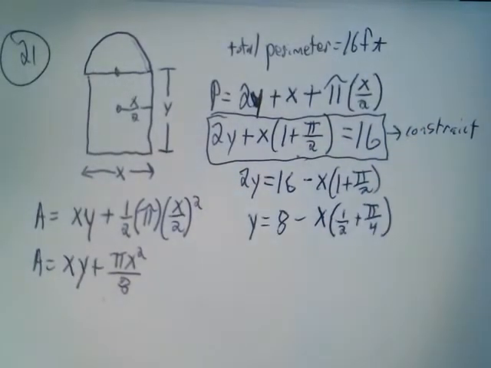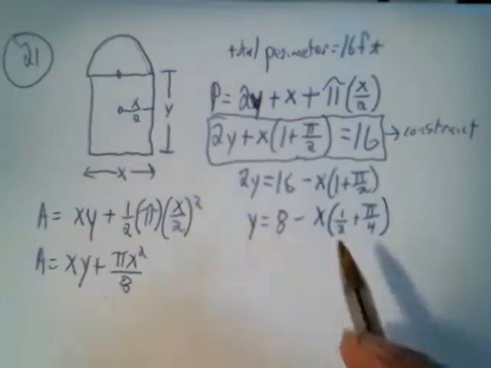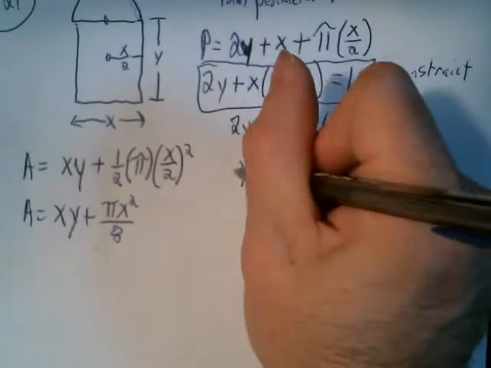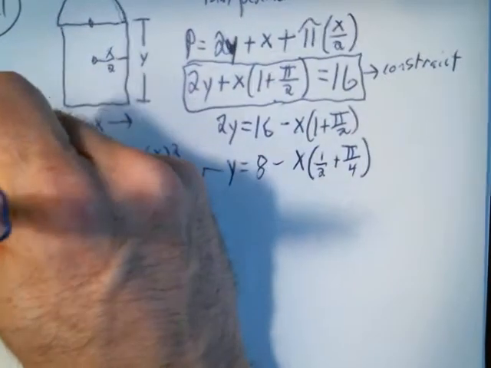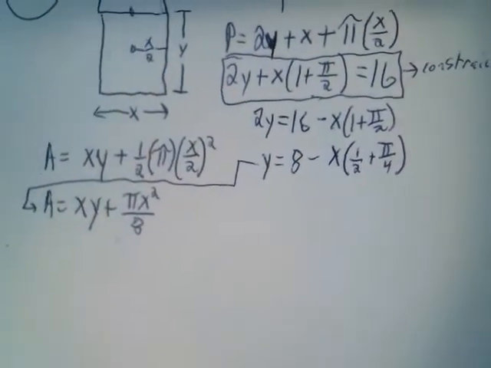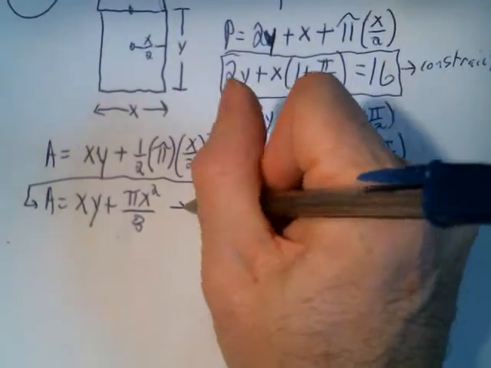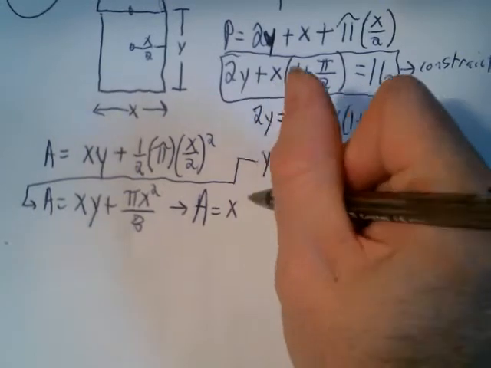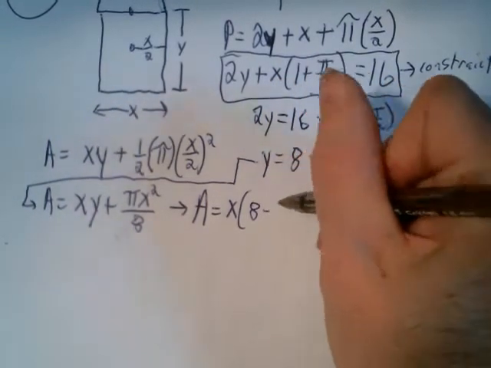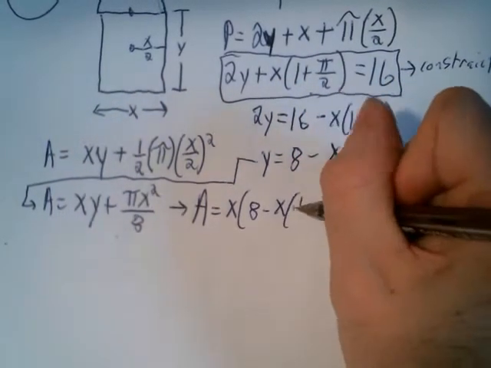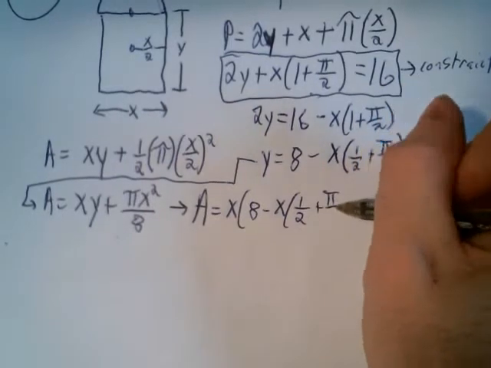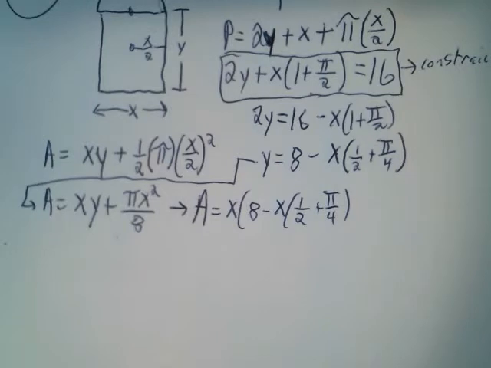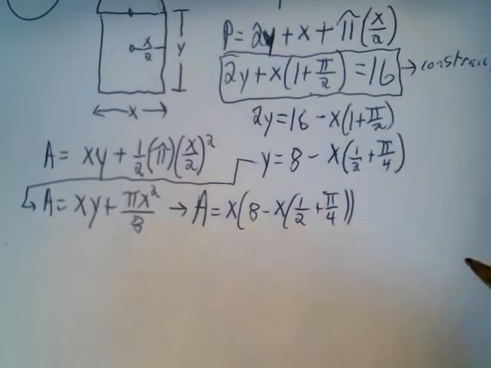So again, I'm simplifying the thing I want to optimize by putting the constraint into it. I'm going to plug this formula in here. So for the area, A equals x times 8 minus x times 1/2 plus pi over 4, plus pi x squared over 8. This is a simple problem, but they just made it a nightmare with all the constants.